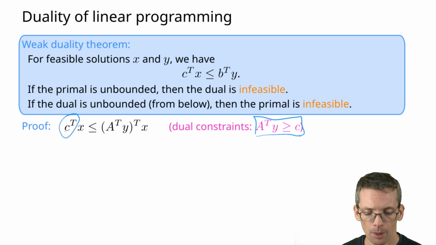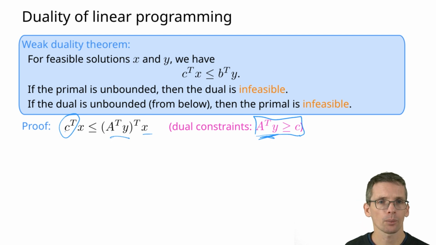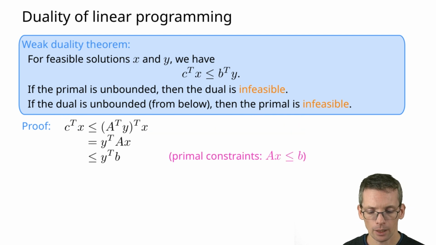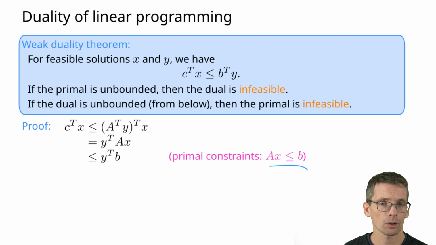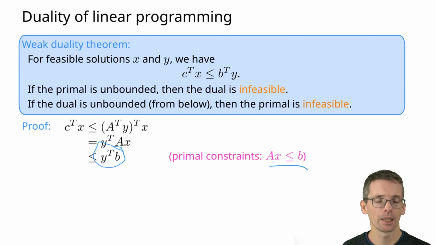So c I bound by A transposed y, so we have c transposed x is smaller or equal (A transposed y) transposed x. Now, I actually transpose this, and the primal program has the constraint Ax smaller or equal b. So if I plug this in, I have y transposed b here.